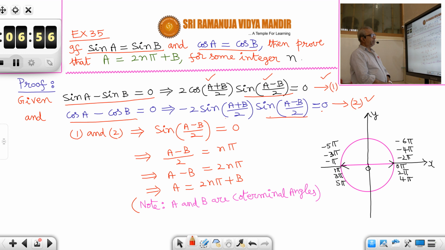If sin((A−B)/2) is 0, then the first equation will be true, and the second equation also will be true. Somebody may ask, sir, why should sin((A−B)/2) be 0? For the first equation to be true, cos((A+B)/2) may be 0, and sin((A−B)/2) may not be 0. Okay, let us consider that case also.